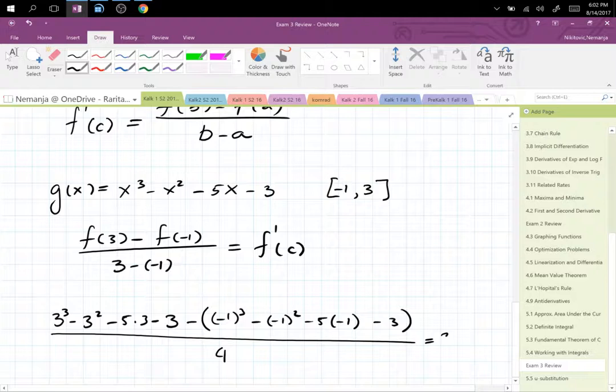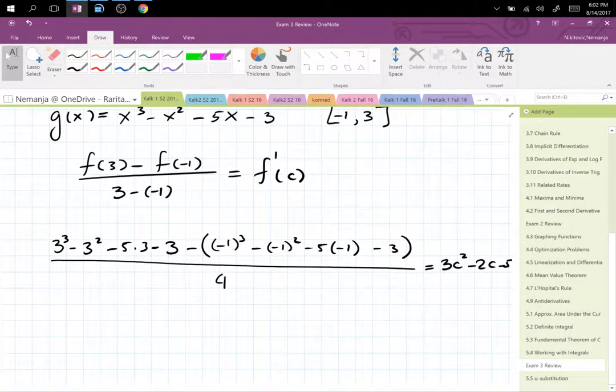When you plug in c, it is 3c squared minus 2c minus 5. You see, I plugged in c for every x, because when you take the derivative with respect to x, you get f prime of x, and then you plug c for every x. So I did that everything in the same line.